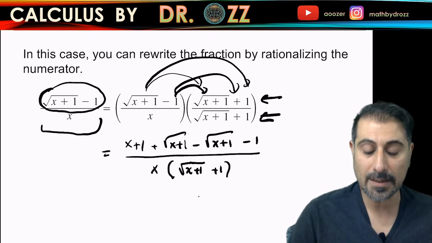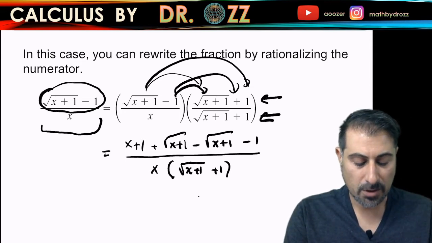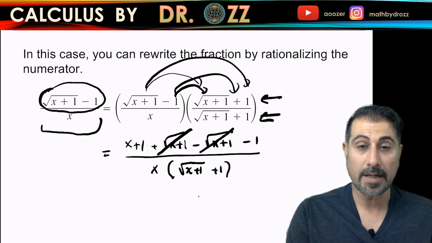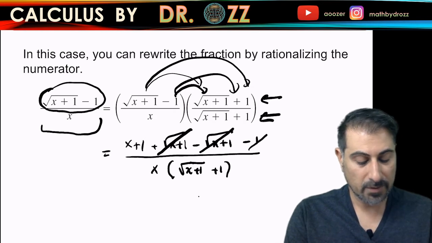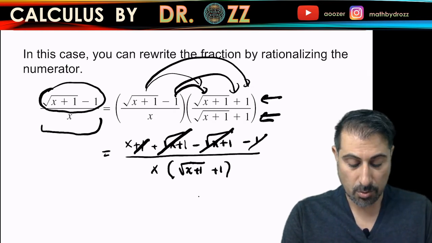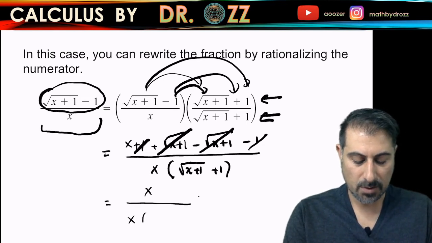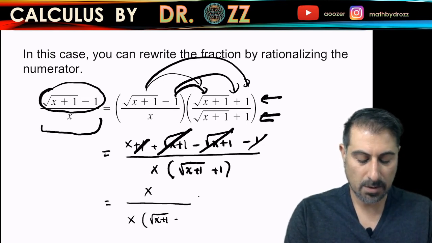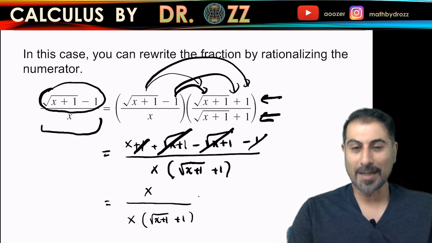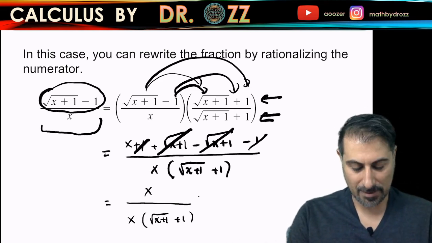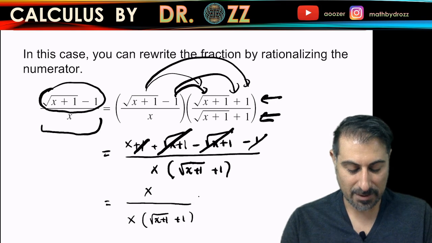Let's see what kind of simplification we have. First off, these two terms cancel out, as well as 1 and negative 1. So we have x over x times radical x plus 1 plus 1. Luckily, you have x and x at the top and the bottom, so these are going to cancel.